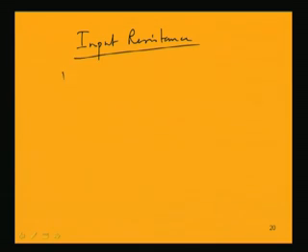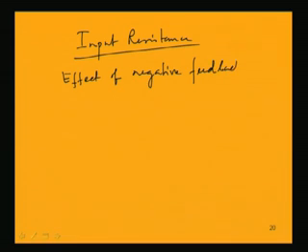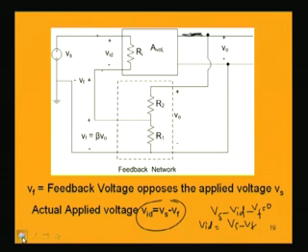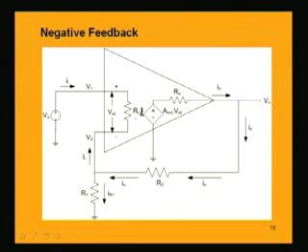So let us find the input resistance and the effect of negative feedback on it. Again we consider the same circuit, only now naming the OpAmp input resistance RID.